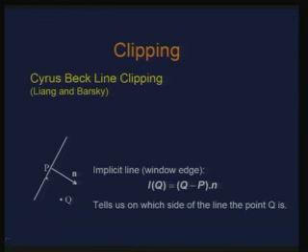In other words, it is a sort of signed distance of the point Q from the line, and the sign gives me whether it is this side or that side. Now, given the representation for the line to be clipped and for the window edges, in implicit form, let us see how we can go further in designing the clipping algorithm.